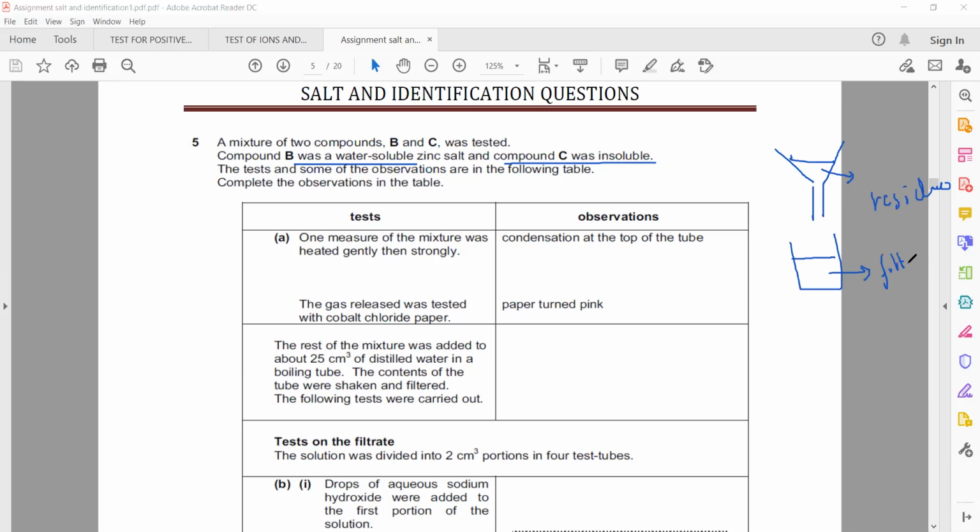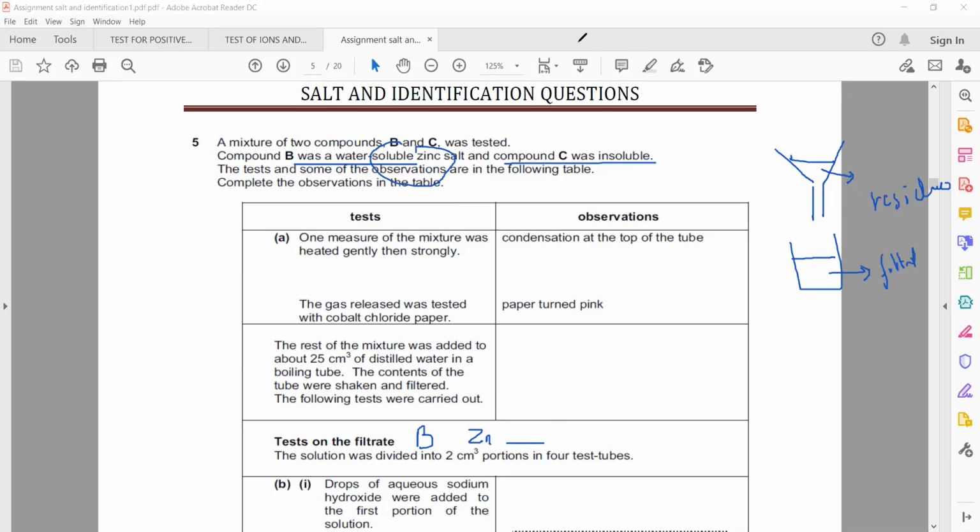So which substance will be the filtrate, B or C? B. B will be the filtrate because B is water soluble. And B, they already mentioned, is a zinc salt. So there is zinc, and anything else with zinc, we don't know, but it is a zinc salt.